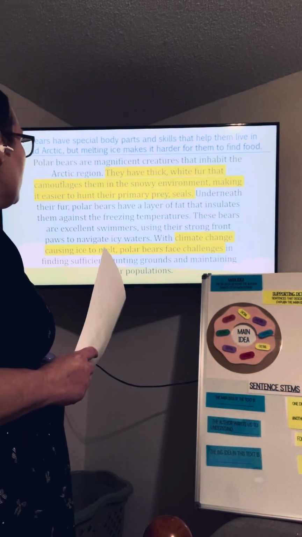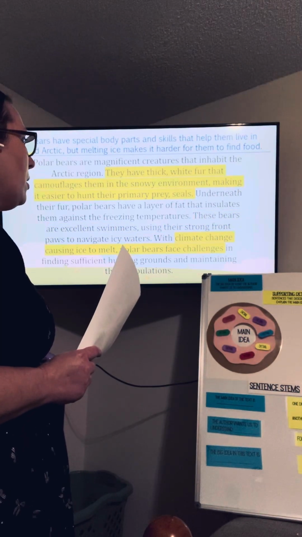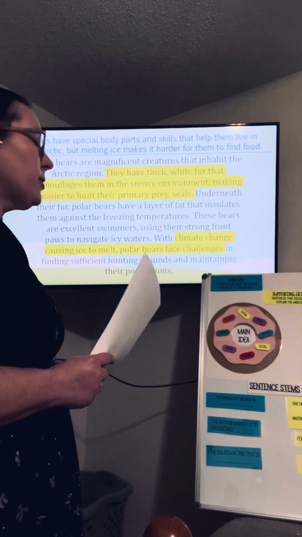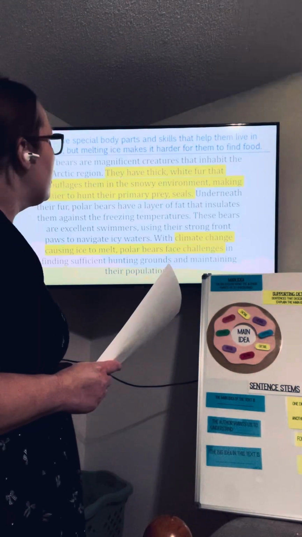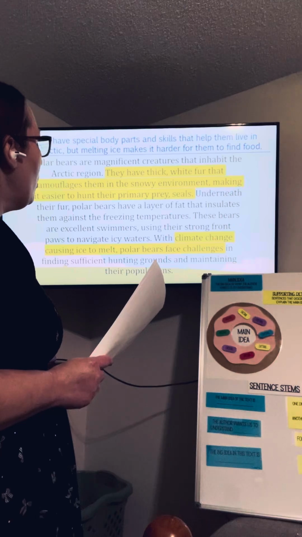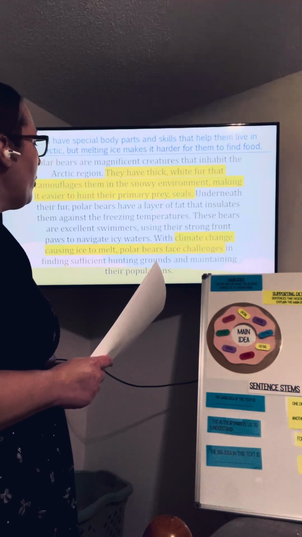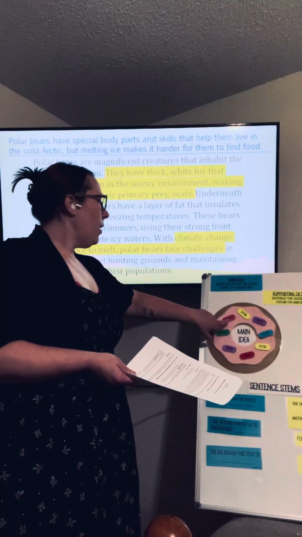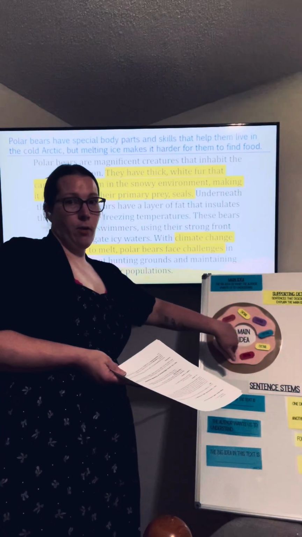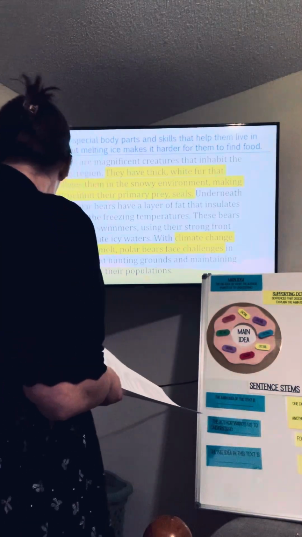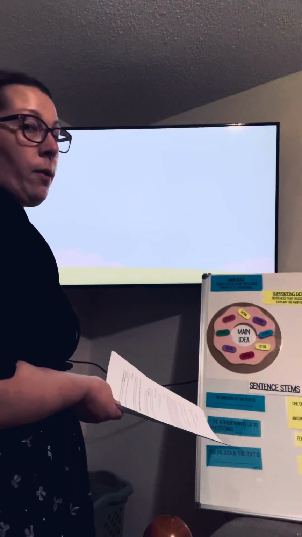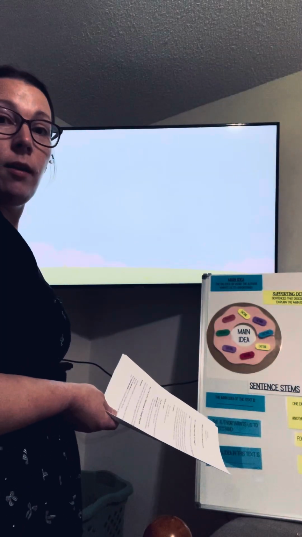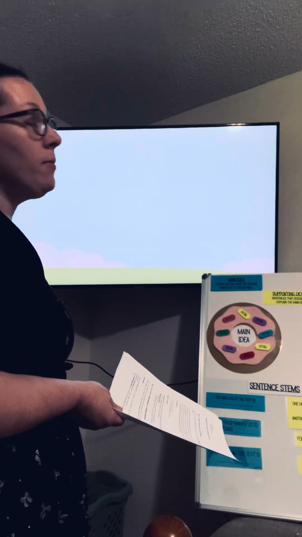Climate change causing ice to melt is causing polar bears to face challenges. So now we would have put our main idea in the center of our donut and then written in our sprinkles, and then we want to come up with some sentences so we can explain this to someone else.